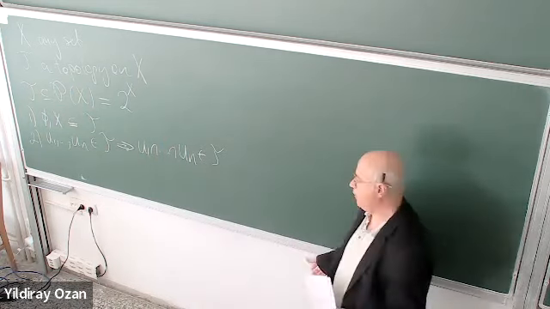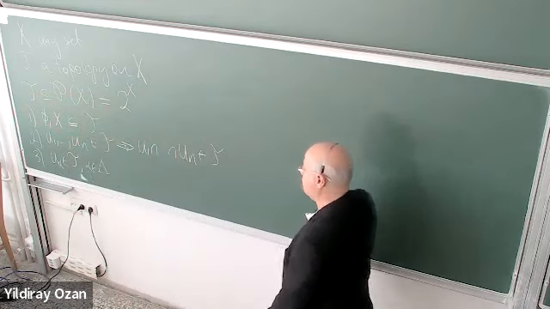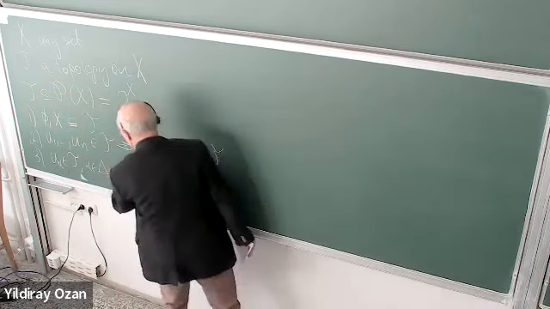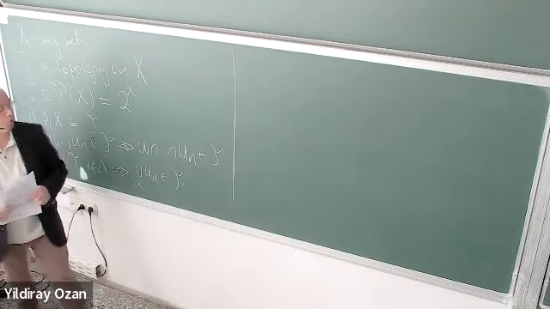And third, if we have any collection of elements in tau, then their union is also in tau. In other words, tau is closed under finite intersections, but closed under arbitrary unions. Okay, if this is the case, then we say that tau is a topology on X.